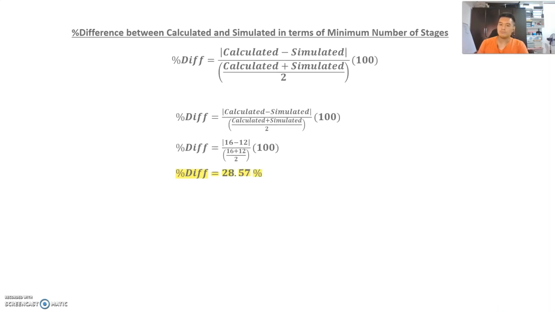So how do we compare further? The difference between the calculated and the simulated in terms of minimum number of stages. We calculate that the minimum number of stages using the DWSIM values should be 16. However, the problem specified 12 stages. The percent difference is actually 28.57%. Quite a large value.